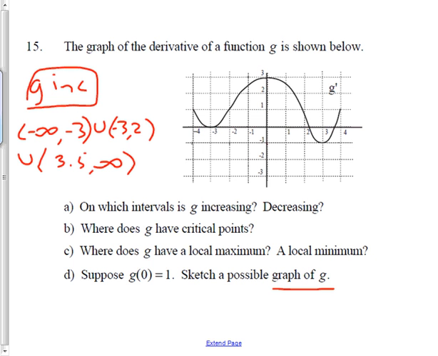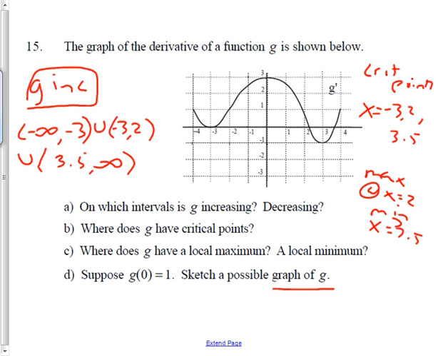We know that there are going to be critical points when x equals negative 3, 2, and 3.5. We know that there's going to be a max at x equals 2 and a min at x equals 3.5, and we got that by knowing we went positive, 0, negative, and then negative, 0, positive when looking at our derivative function.